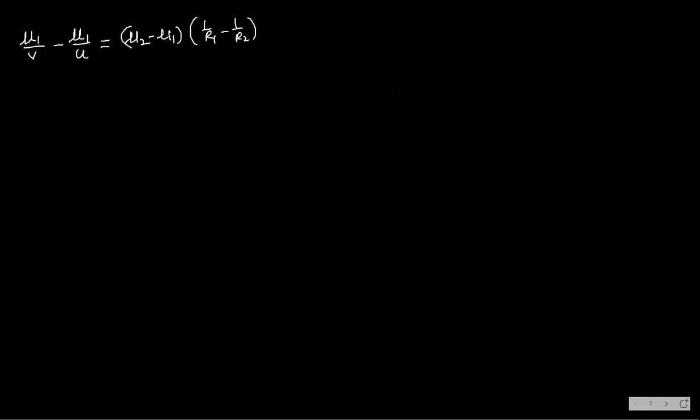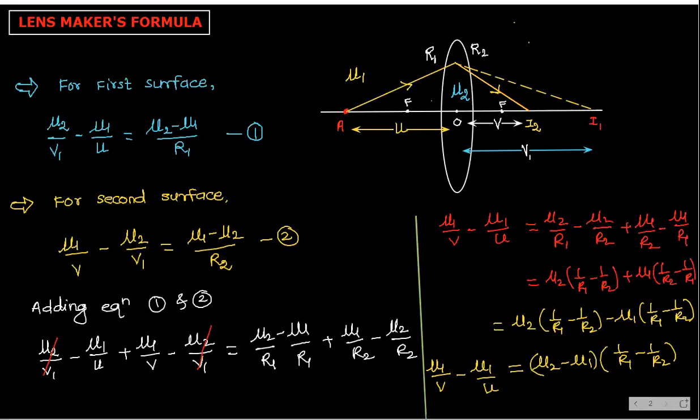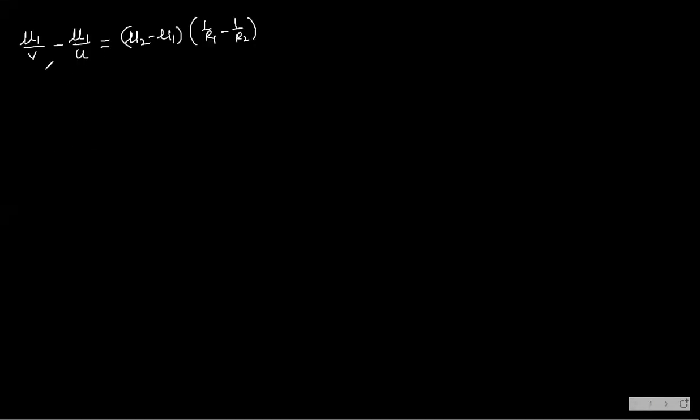Right? Check. Now from this I take mu1 common: 1 by v minus 1 by u is equal to mu2 minus mu1 into 1 by R1 minus 1 by R2, with mu1 transferred to that side. And 1 by v minus 1 by u is 1 by f.